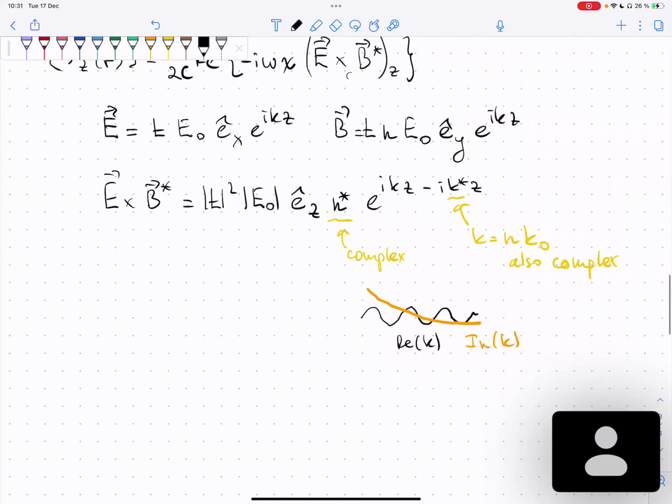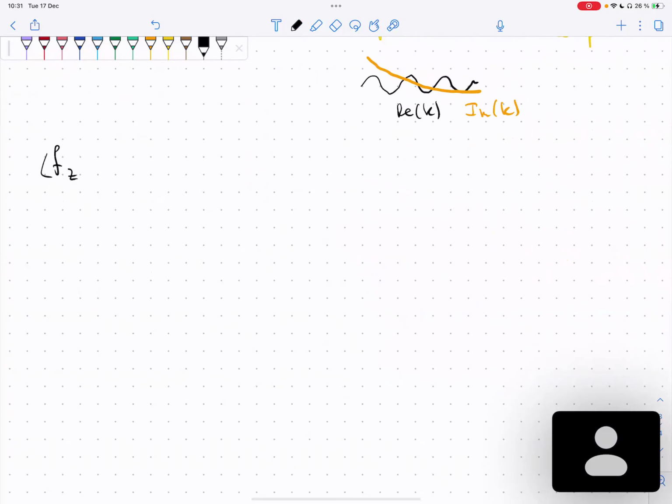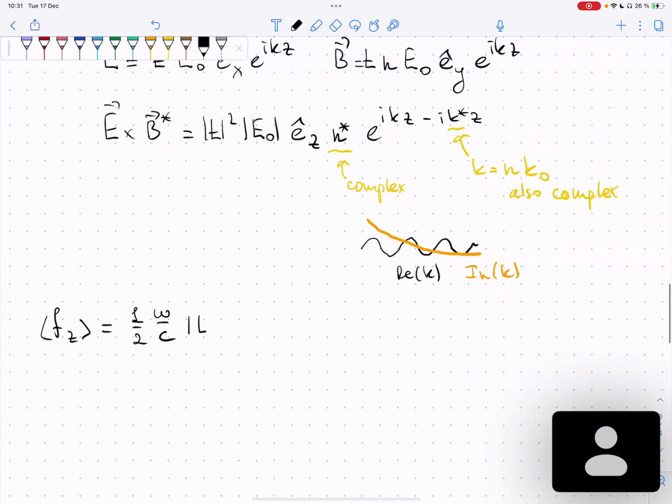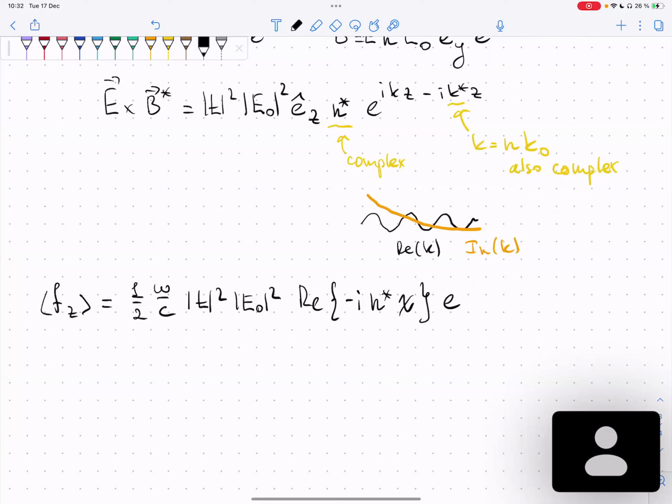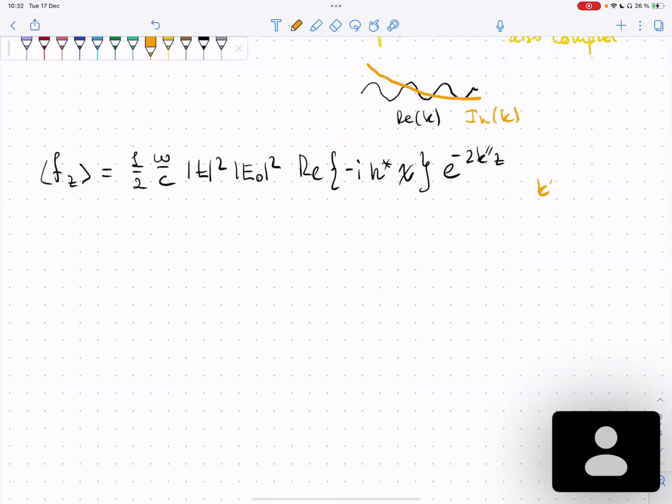So in the end, this expression will give us the z component of the optical force equal to 1 over 2 omega divided by c, square modulus of the transmission coefficient, square modulus of the amplitude of the electromagnetic field, and the real part of minus i chi and conjugated n, multiplied by exponent minus 2 k double prime z, where k double prime is the imaginary part of the wave vector.